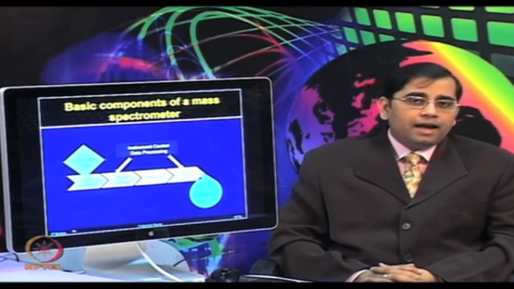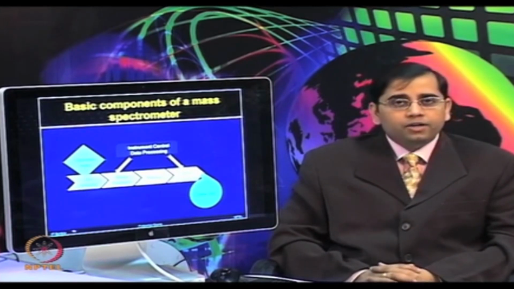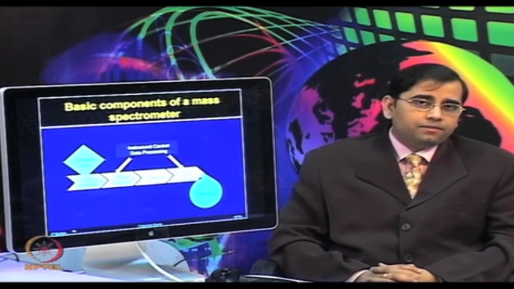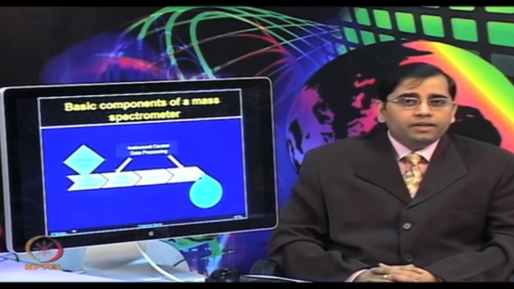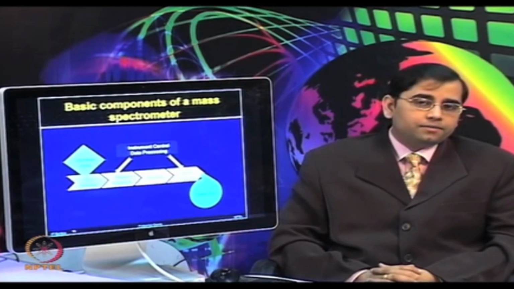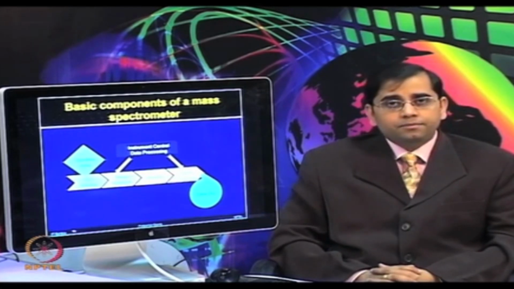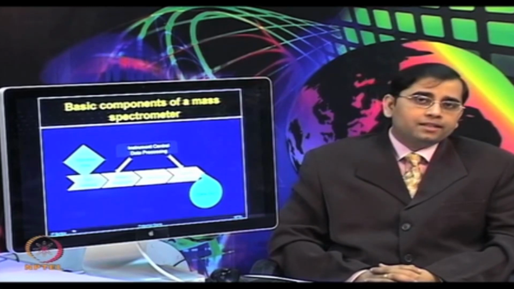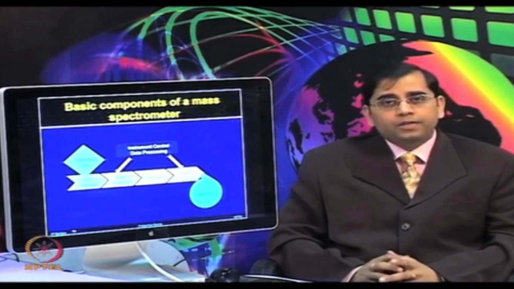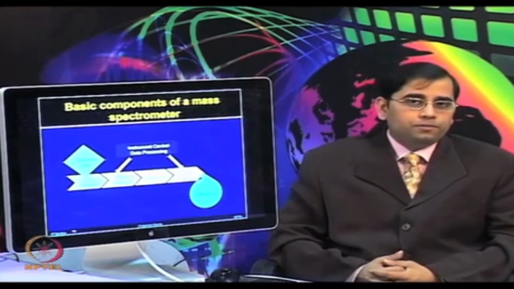The detector measures and amplifies the ion current of mass-resolved ions, and then we need electronics to control the operation of various units. The data system records, processes, stores, and helps to display the data output.